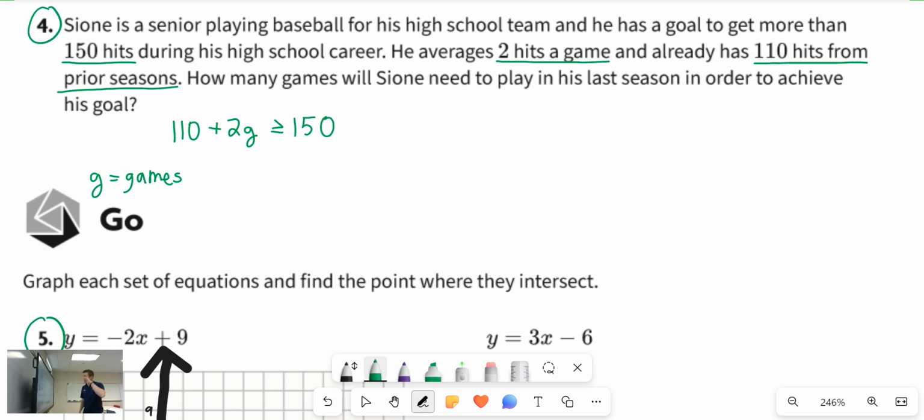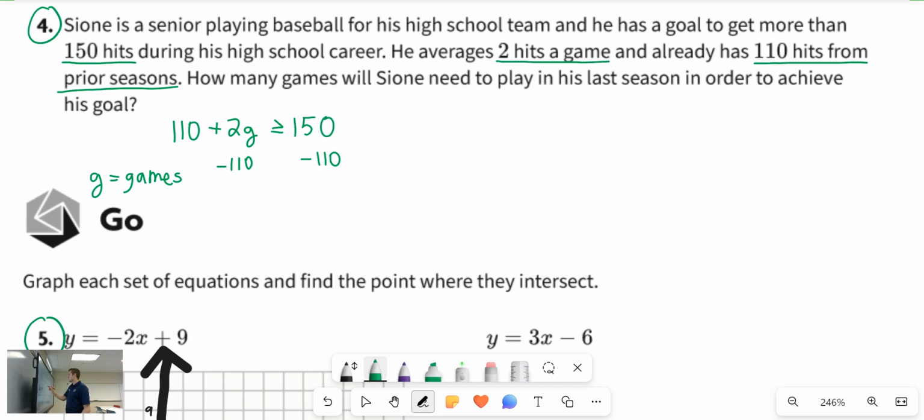So he has 110 hits, he's going to get 2 hits per game, and he needs that to be at least 150 hits. How many games will he need to play? So the first thing we're going to do is subtract 110 from both sides.